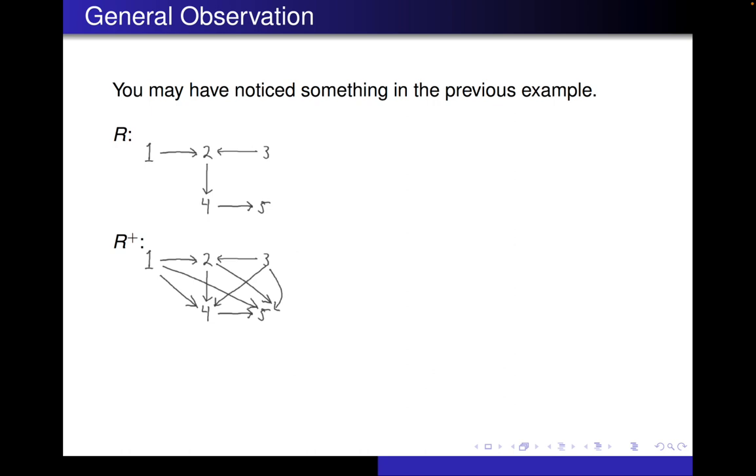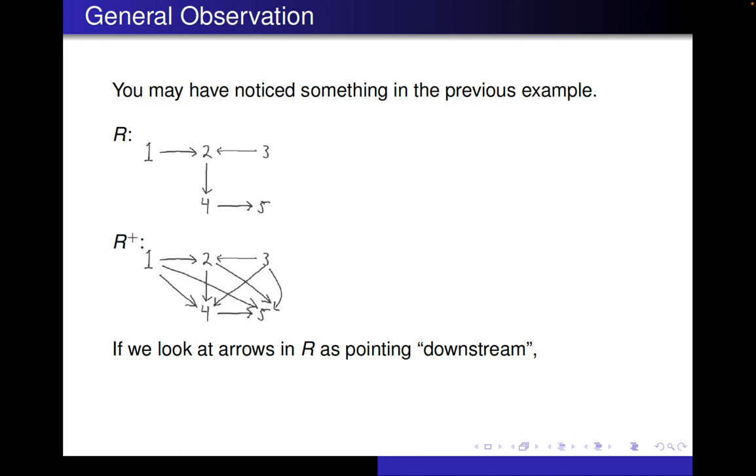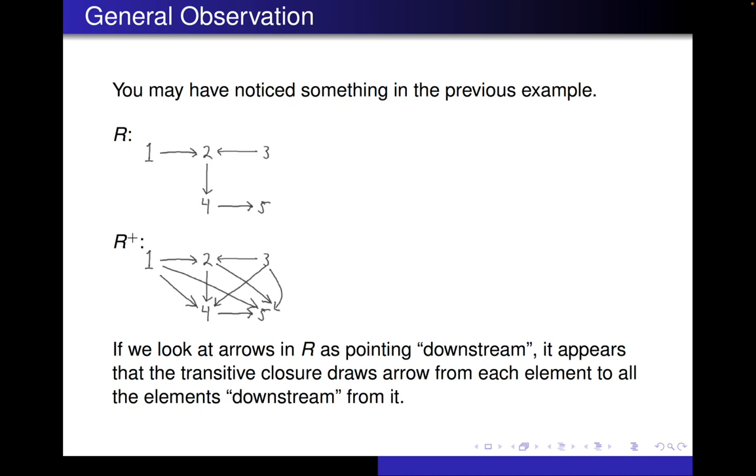One thing you may have noticed is that if we look at the arrows pointing downstream, so if you're thinking about going down a river, 1 might be the beginning of a river, it flows into 2, which flows down to 4, which flows down to 5, and similarly 3 flows to 2, flows to 4, flows to 5 downstream. And if you look at all the extra arrows that were drawn, they were all drawn from elements that were upstream to elements that are downstream.